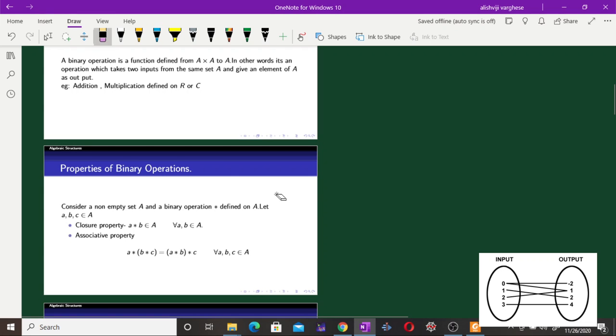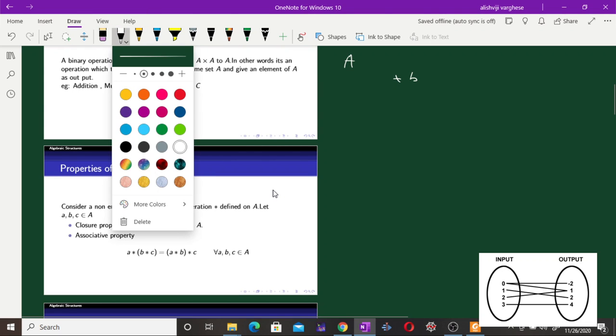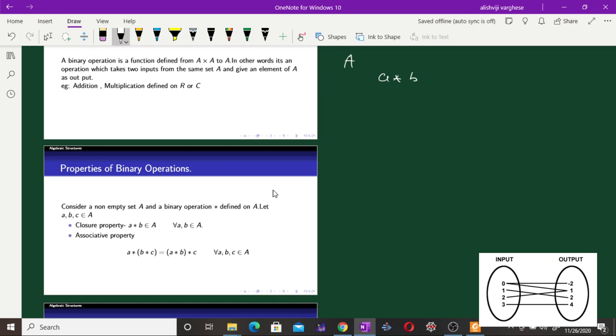If you have an underlying set capital A, and if you take two elements from A, say small a and small b, and star is a binary operator defined on the set A, then if a star b is an element of A itself, we say the operator star is closed, or the pair A together with star is said to have the closure property.